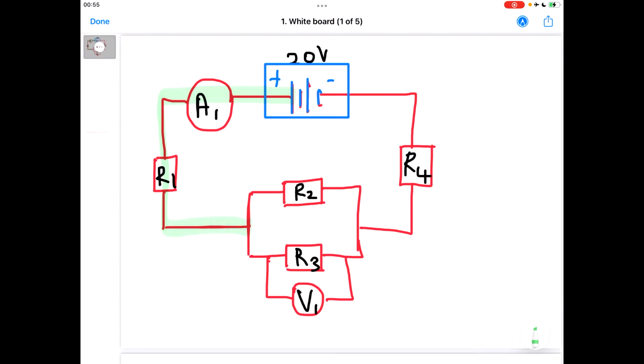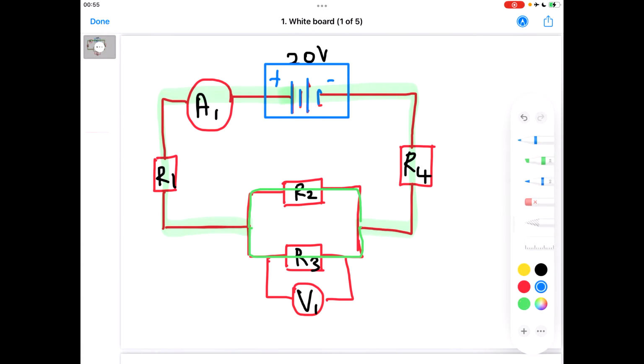It's going to split, and then join there again, and then it continues. Where it split, one is going to do that, and the other one is going to do that.